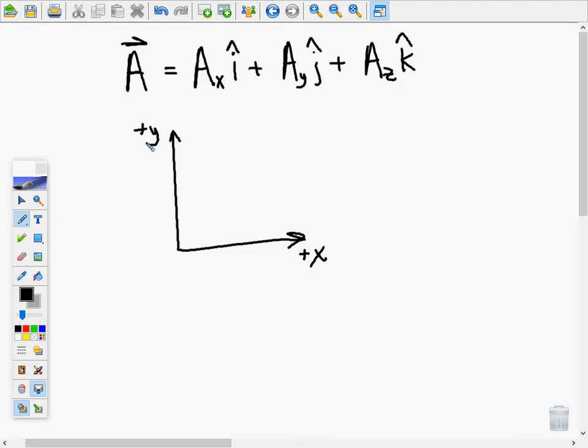So it's hard to draw that, so if I just draw it at a 45-degree angle down here, sometimes it gives the illusion of a three-dimensional diagram. That would be positive z.